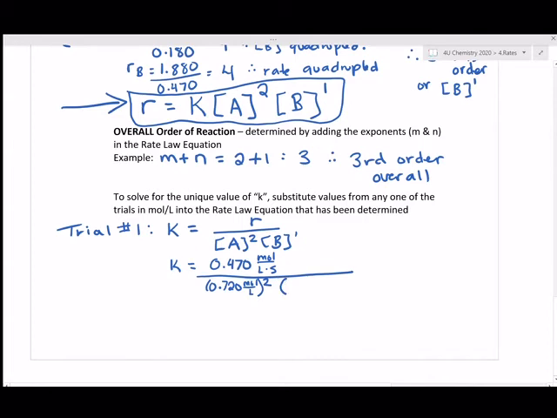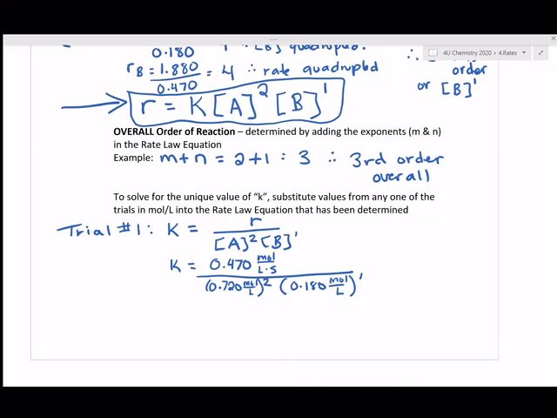And then we're going to multiply by 0.180 moles per liter, which is just raised to the 1. You can write it if you like, but it's not going to have any effect whatsoever.